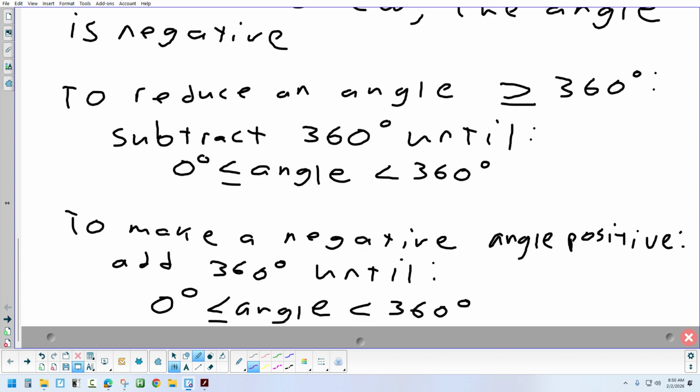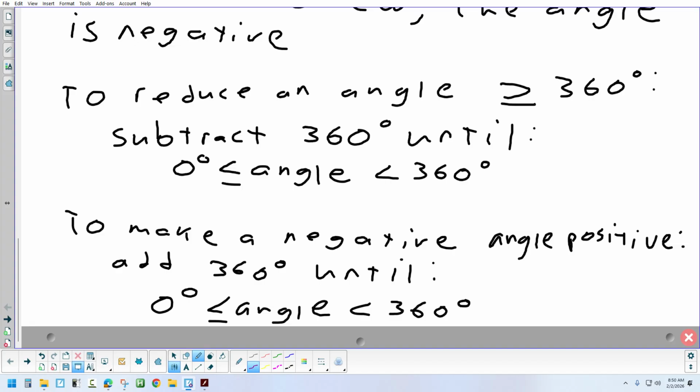That's always the goal. Any question on that idea of adding or subtracting 360?